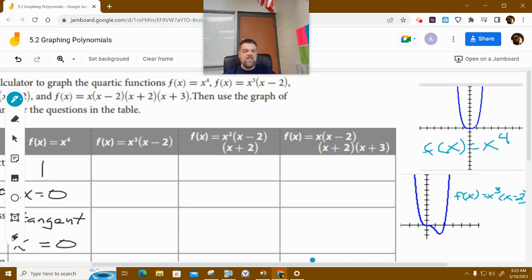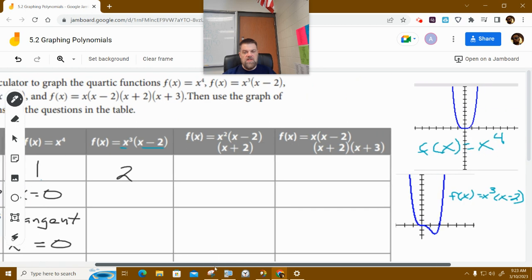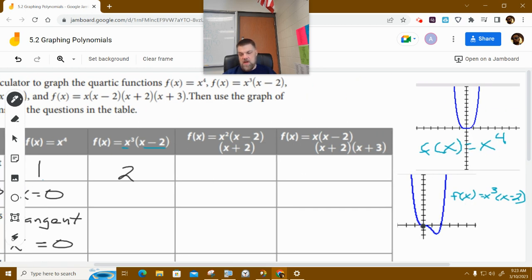How many distinct factors do you have? Well, I have x and x minus 2, so I have 2 distinct factors. The next question is, what are the x-intercepts? To find the x-intercepts, you solve by setting the factors equal to 0.